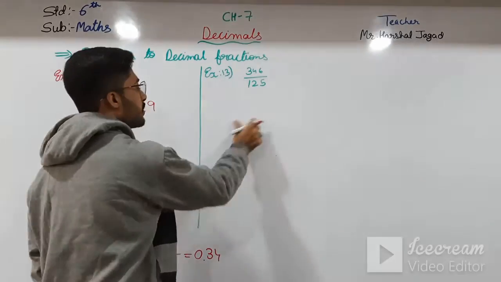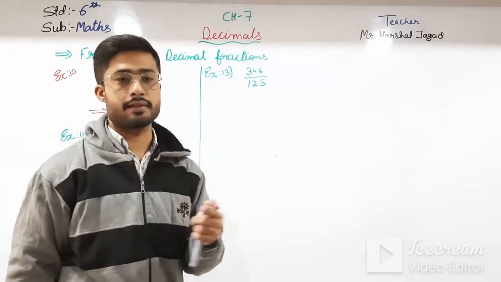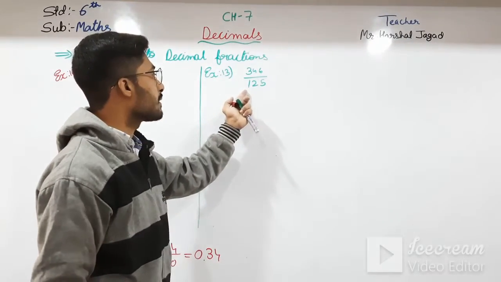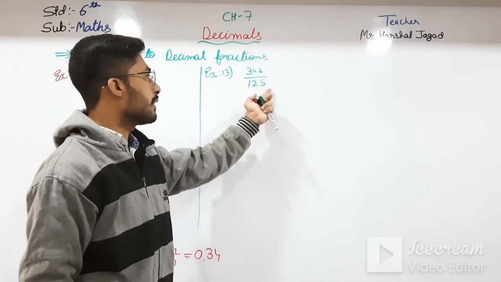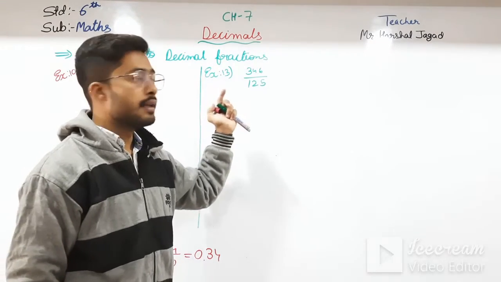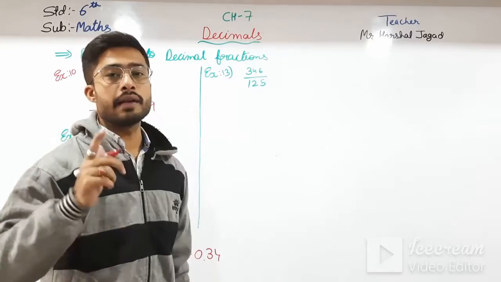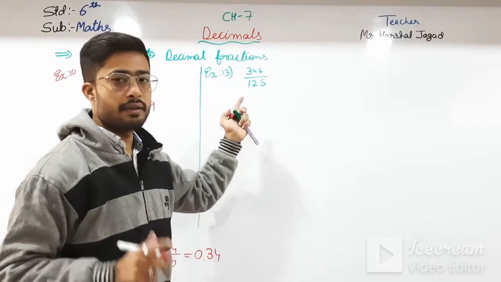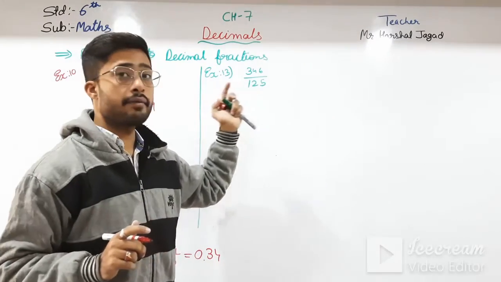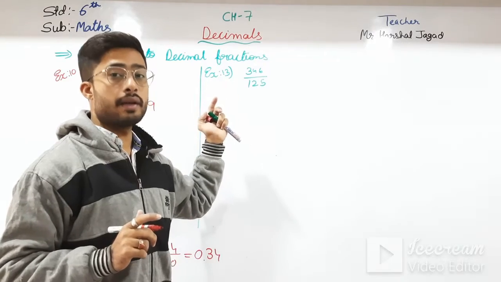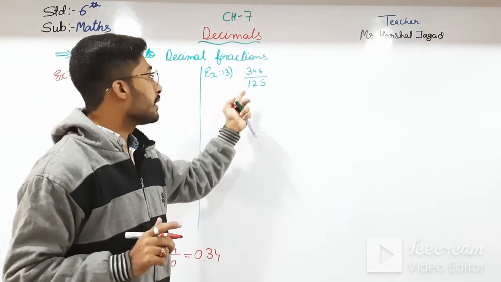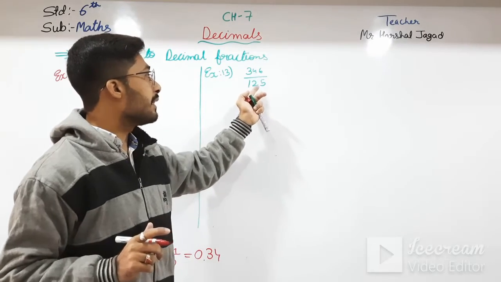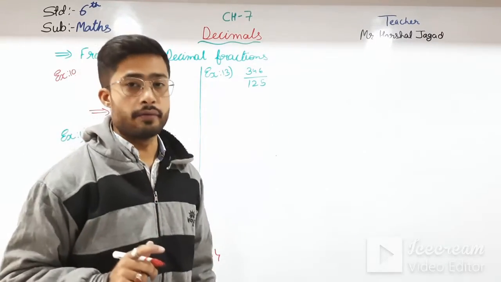First of all use the estimation process. 100 into 10 is 1000, but here it is 25, so if we multiply 10 with 25, then the answer will be 250.